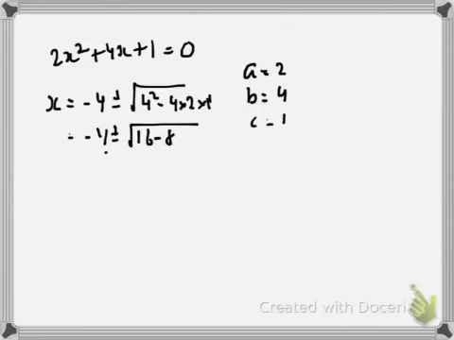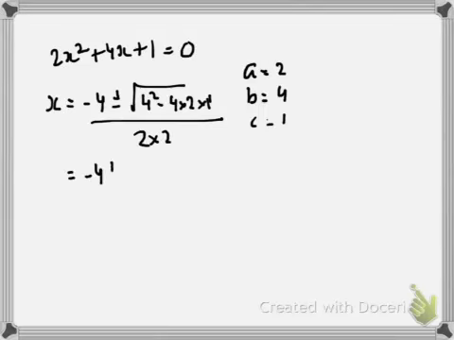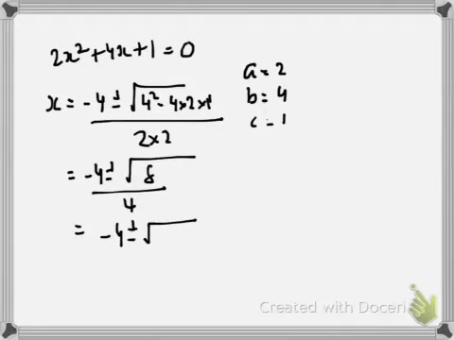Actually, just a moment, I forgot about the over 2a here. So let's put that over 2 times 2. So that's negative 4 plus or minus the square root of 8 over 4. The square root of 8 is 2 root 2, over 4.